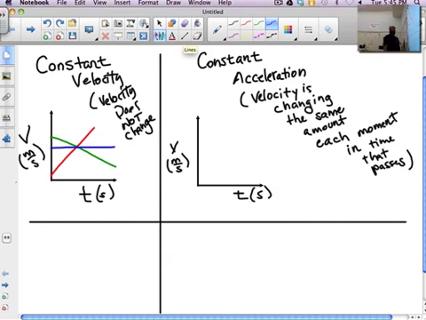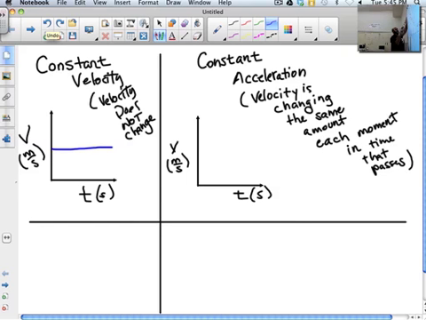Pause the video and think about it. If you want to see the answer, you can watch the video again. Hopefully you paused it and picked one. Red's definitely not constant velocity. Green's not constant velocity, but blue is. So I'm going to delete the other ones and redraw blue.